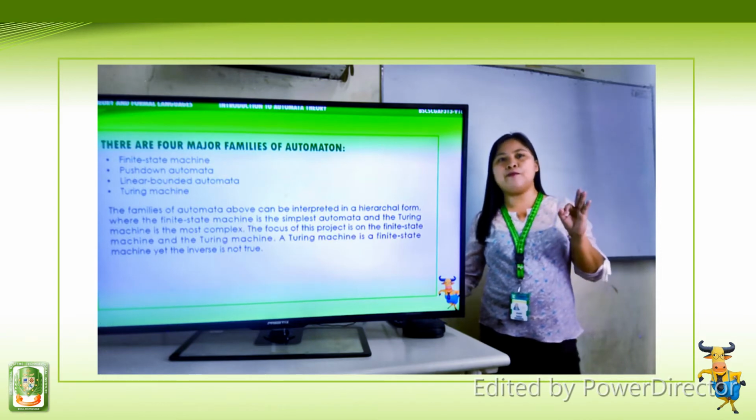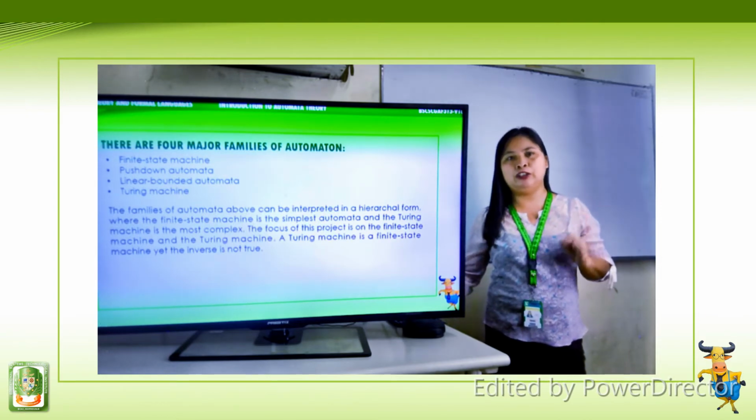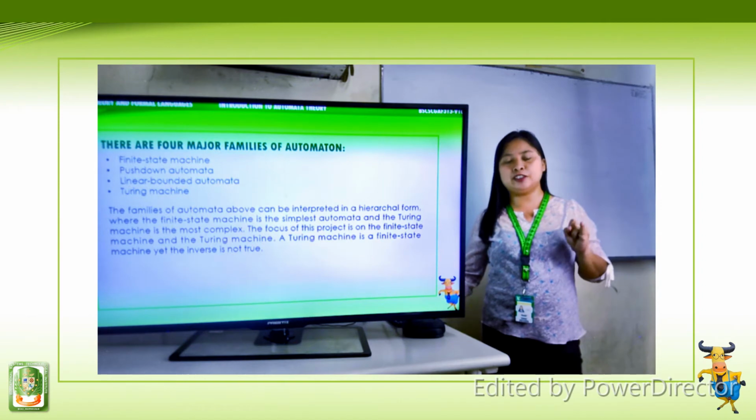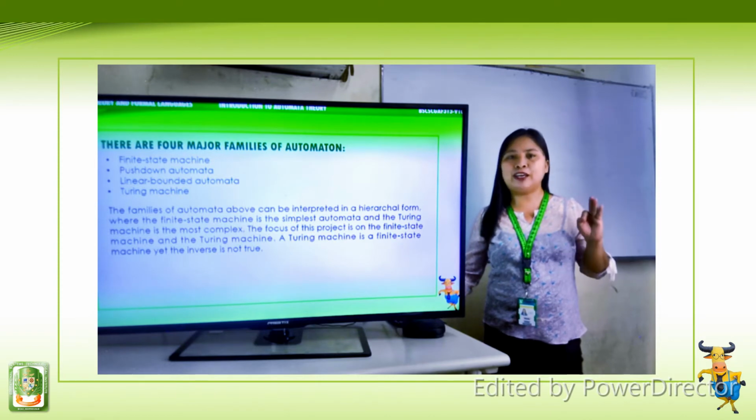And there are four major families of automata. First is the finite state machine. Second is pushdown automata. Third, linear bounded automata. And fourth is the Turing machine.